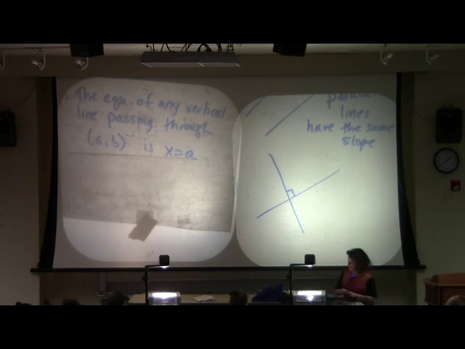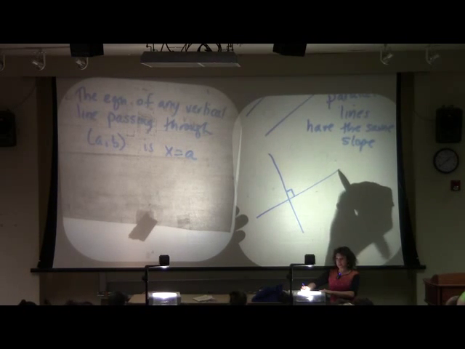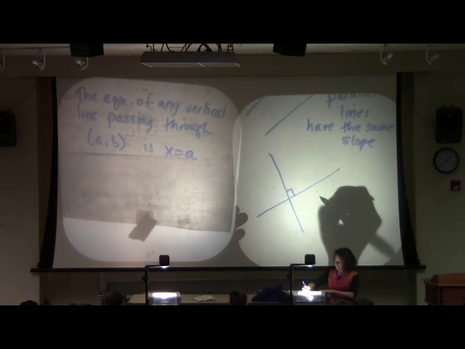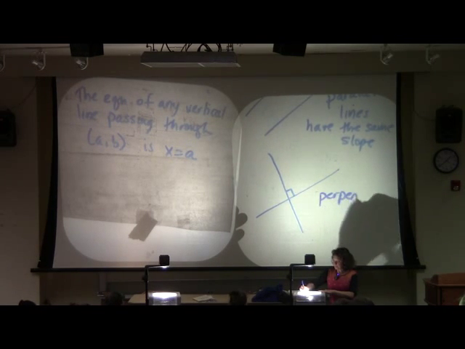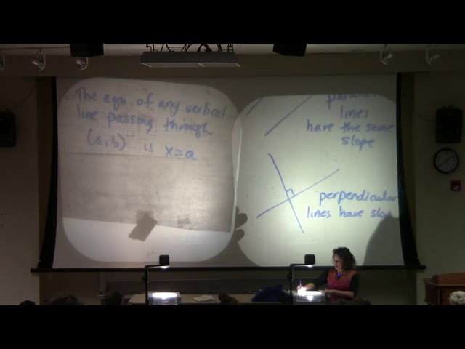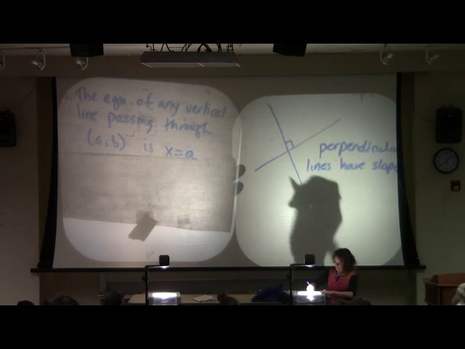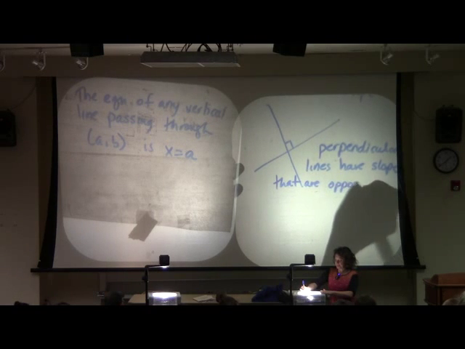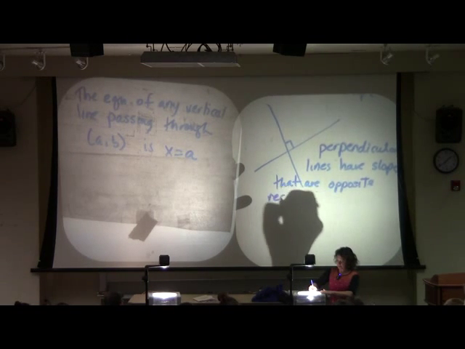Clearly these do not have the same slope, because the slope of this line is positive and the slope of this line is negative. It turns out, formally, that perpendicular lines have slopes that are opposite reciprocals of each other.